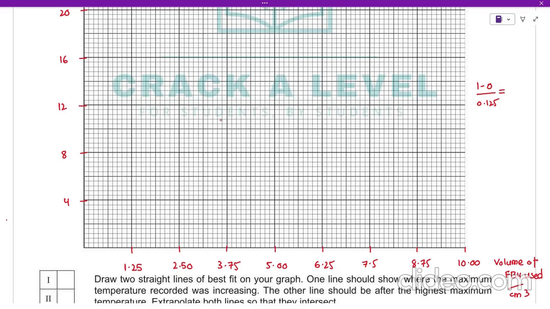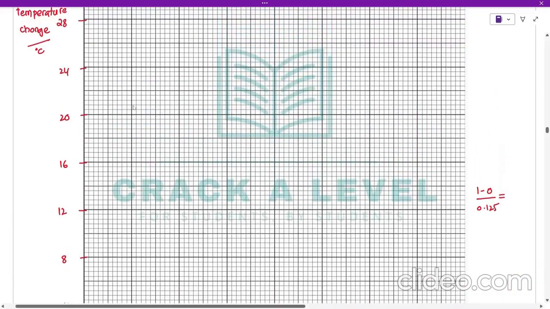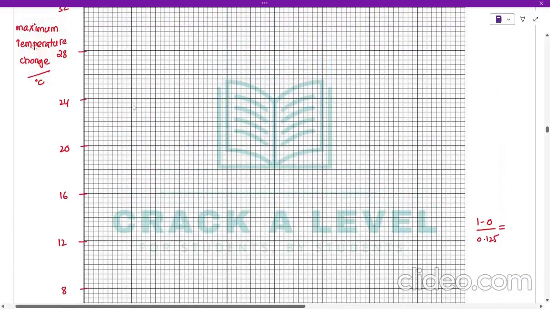So 29.5 will be above 28. So 29.5 minus 28 divided by 0.4 will be 3.75, or you can just take it close to 4. So this will be the point. This is our first plot.